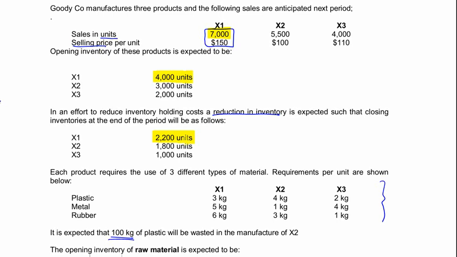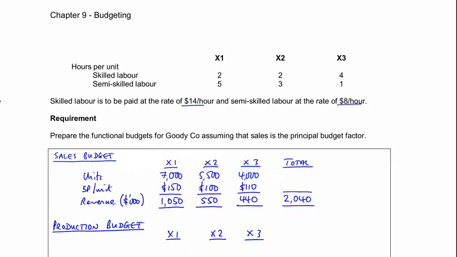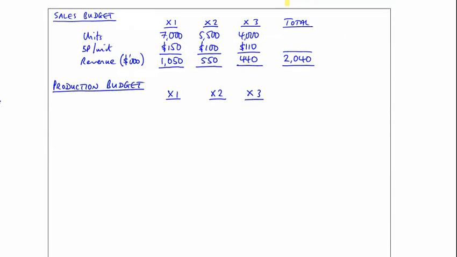So the way we work this through is to take our sales units as our starting point. So for product X1, that's 7,000. We add to that our closing inventory, which here was the 2,200. That gets us 9,200.